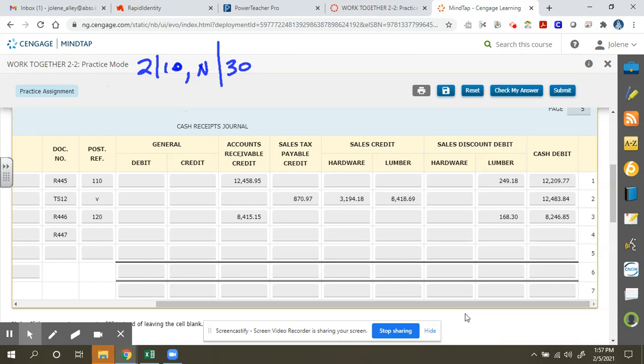Now, on this one, it says they're paying off their invoice of $2,473.61 less the credit memo. Okay, so they had a credit memo as well. So I got to get my calculator and I put in $2,473.61 minus the $325.51 of the credit memo.